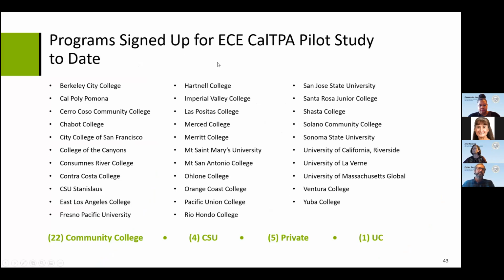So far we have 22 community colleges, 4 CSUs, 5 privates, and 1 UC. And then also, if you look in the chat, you will see a link to participate in the survey.